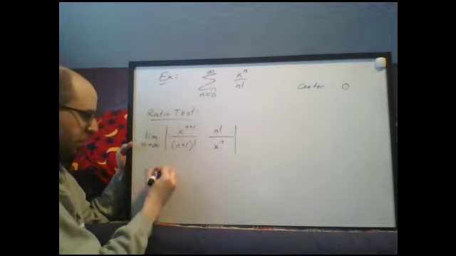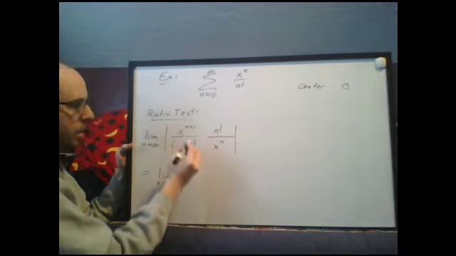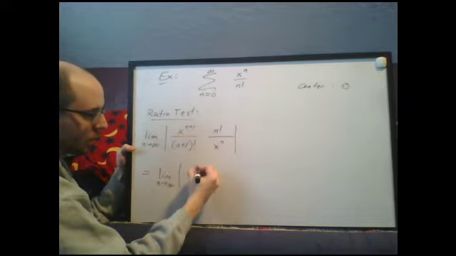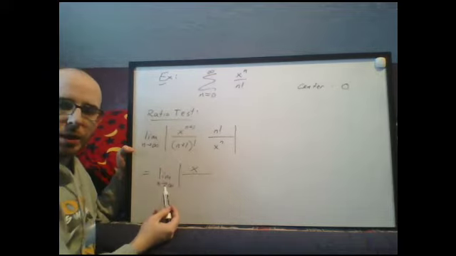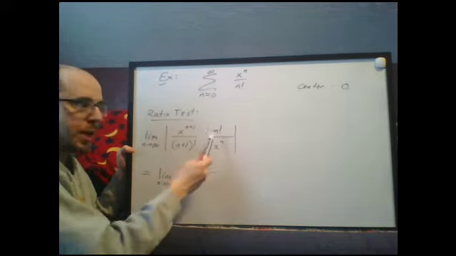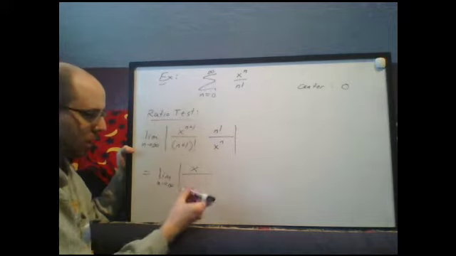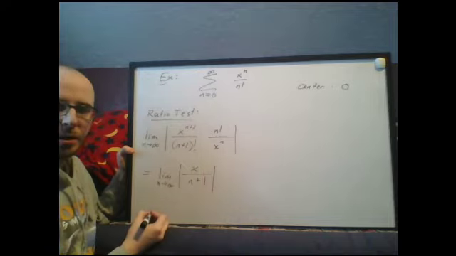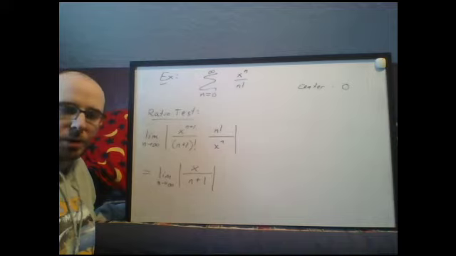So now if we simplify, the x's, there's one extra x on the top, so I have an x left over when I cancel. For the factorial stuff, n plus 1 has one extra factor that n factorial doesn't, so when I cancel, I'm left with n plus 1. So it's the limit of x over n plus 1 as n grows to infinity.